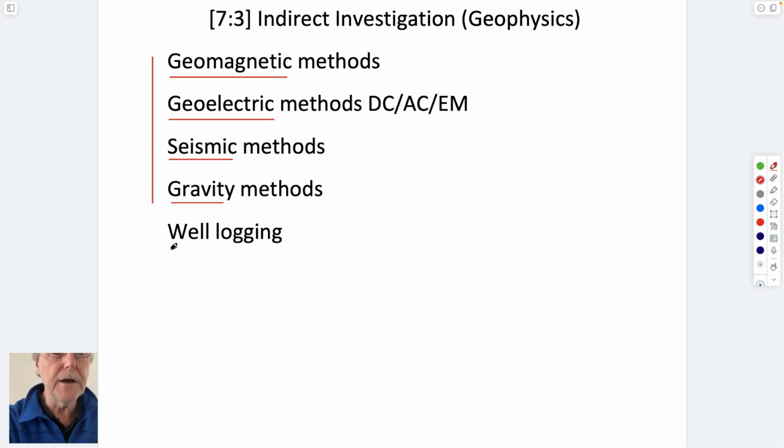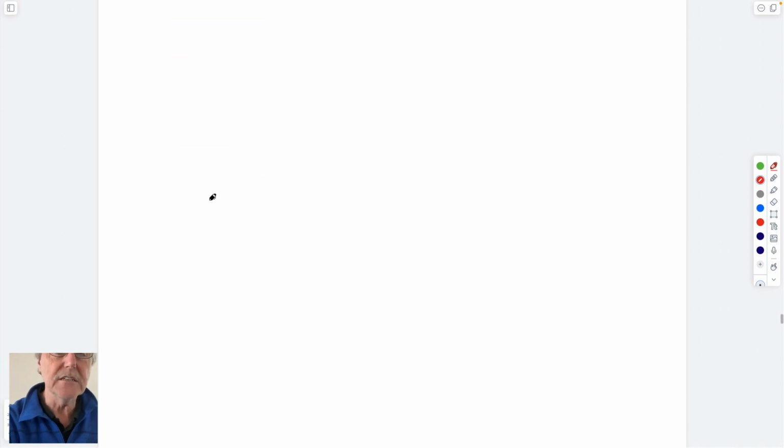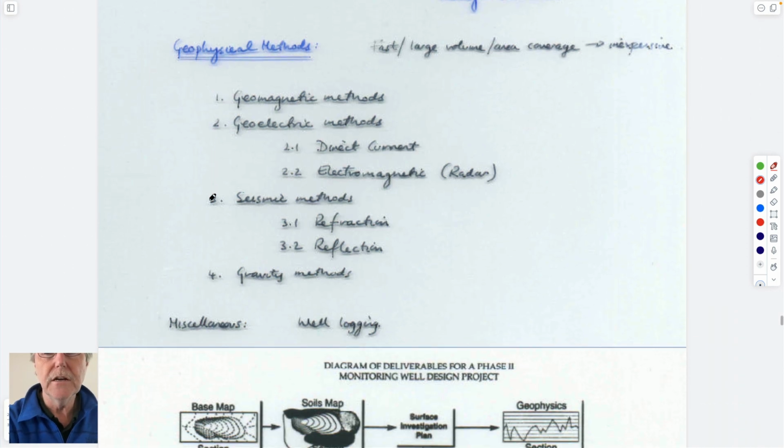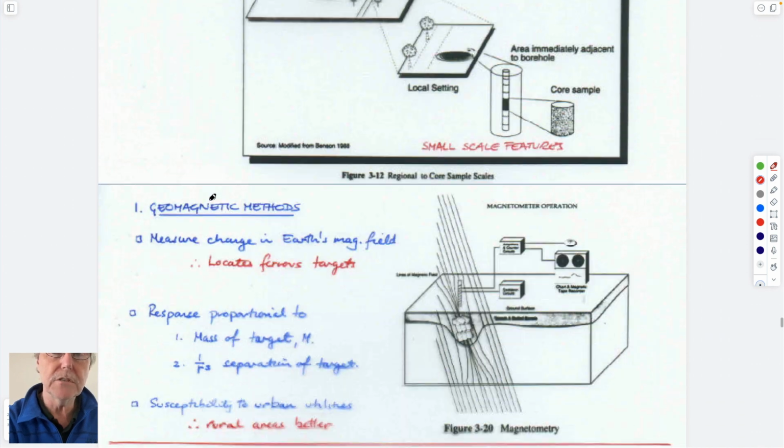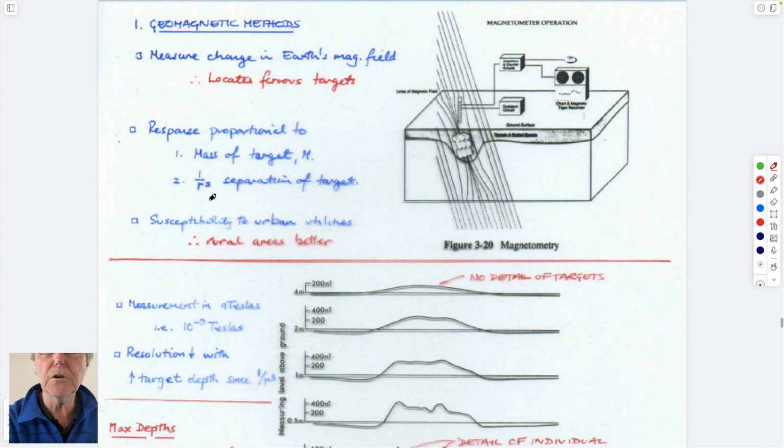The final one we'll talk about is using logging tools in a well bore to measure each of these properties, the magnetic properties of the materials, the electrical conductivity, the seismic velocities, or the densities, to link up with the subsurface. So we'll talk about each of them in turn.